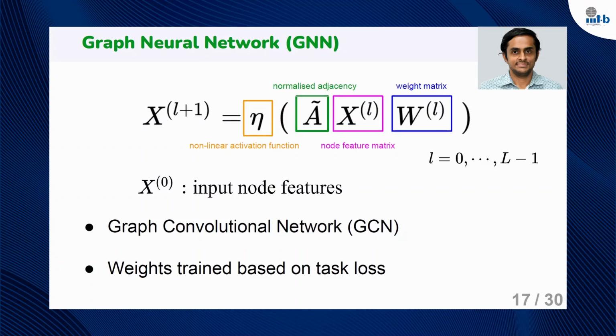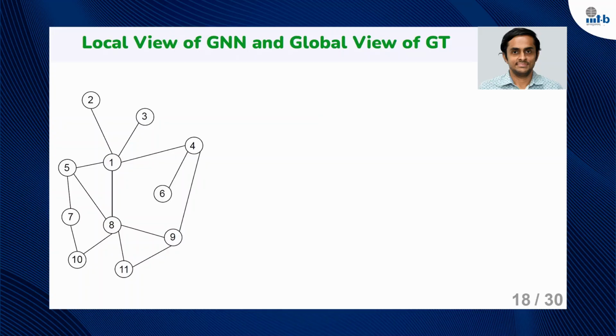So this is the local model that we consider because it looks at the input adjacency and it only averages out. This AX operation is like taking the average of all the neighbors of a node. So it's a local operation. To compare the two models, local view of GNN and global view of GT, let's say this is the input graph that is given to us. In a traditional GNN, if this is the node under investigation, it will receive features from its neighborhood, right?